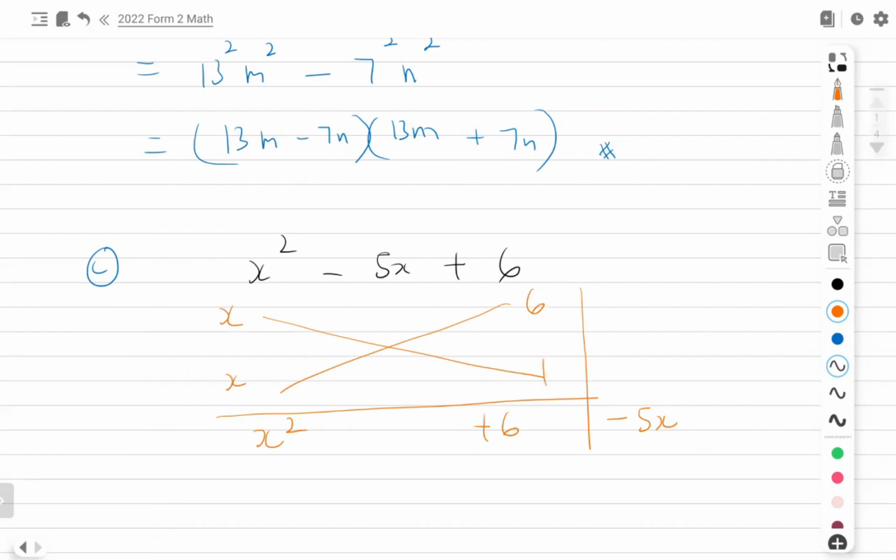Follow the line, then you multiply right at the back. Then you decide what the symbols are. Okay, here negative, so negative, negative, positive. Sorry, this one should be minus. Then you switch the symbol in the middle. Then that's the answer for factorization: x minus 6, x plus 1. This is the third type.